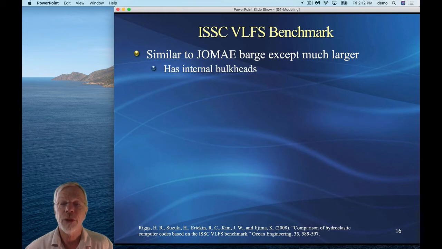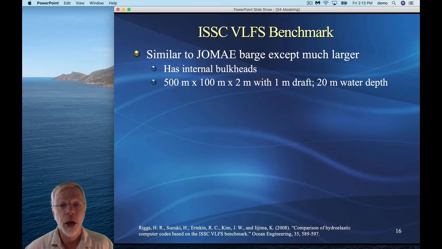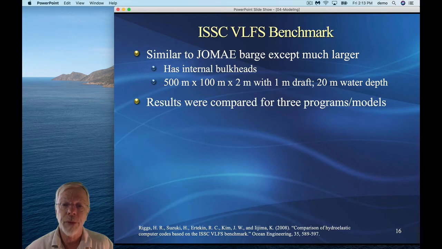It has internal bulkheads as compared to smearing the stiffness from the internal stiffeners in the plate stiffness. It's longer and wider, 500 meters long and 100 meters wide. It's the same depth, 2 meters, with 1 meter draft, but this is in 20 meters of water depth.